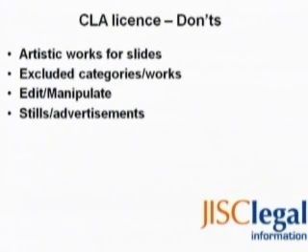In order to copy from these works, permission is to be obtained directly from the copyright owner or the publisher of the work. The license does not allow digital copies to be edited, amended, manipulated, or modified. Therefore, no morphing, coloring, or shade adjustment may be done except for a visually impaired person. Also, you can't copy stills or advertisements.